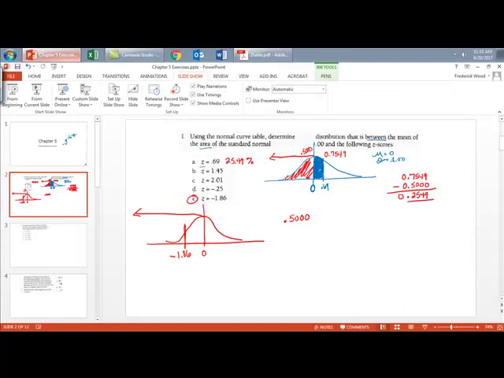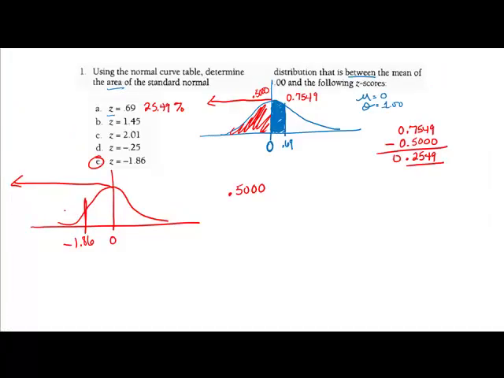Okay. That's the area from 1.86 back. The question asked me, what is the area between 1.86 and 0? So how much is that? You can just subtract.